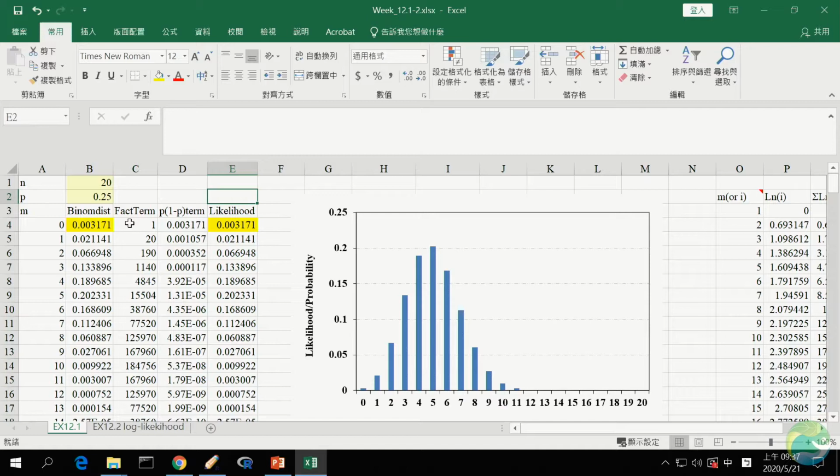If you know a PMF function or a PDF function, and you know the parameter values, you can plug in the values of the parameters and do the calculation by yourself. Then you can understand what the random variable value is and what its corresponding probability or probability density is. Okay.